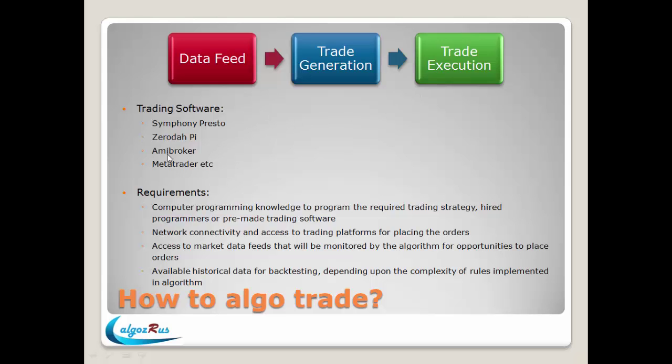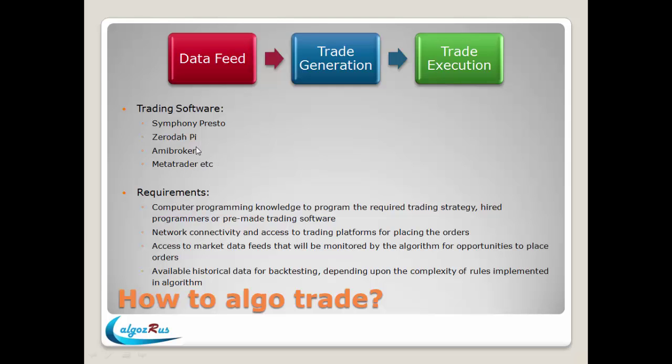I'll be talking more about AmiBroker because that is the software that I'm using, and all the further videos that I'm going to be posting here are going to be AmiBroker based. I'm going to tell you how to create various strategies in AmiBroker, how to utilize it, and how it works, etc.